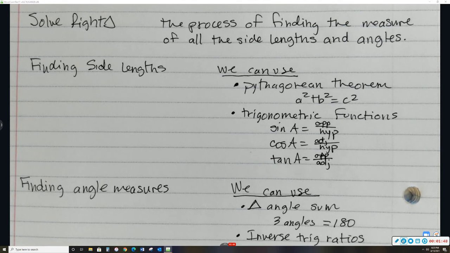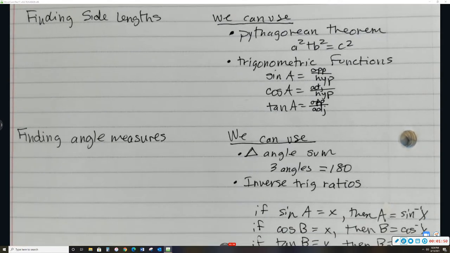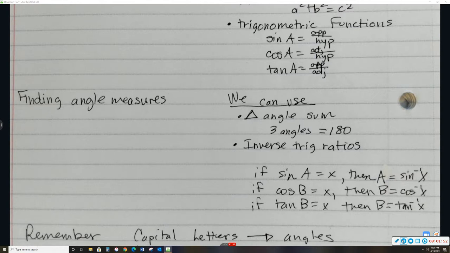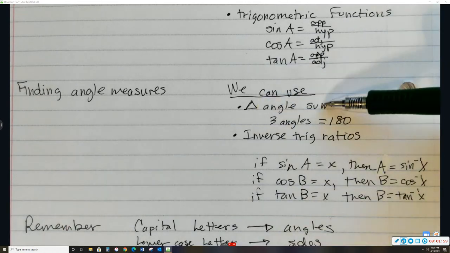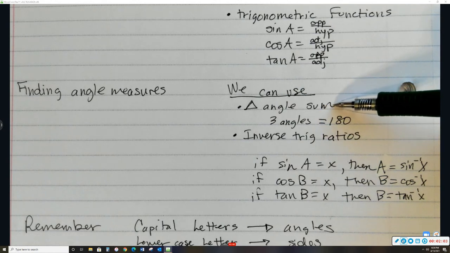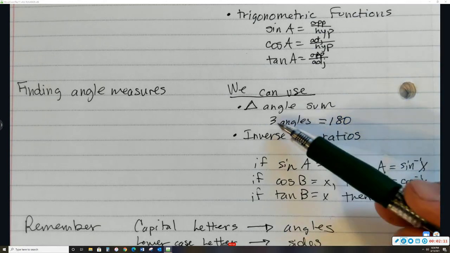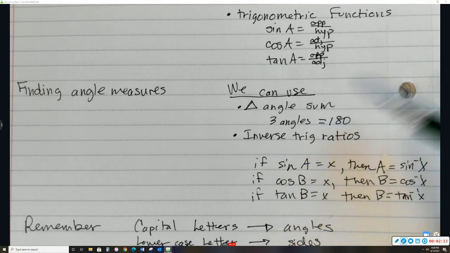To find the angle measure, we can use the triangle angle sum postulate. This is from the first quarter or the beginning of the second quarter. Just remember the 3 angles in a triangle equal 180.